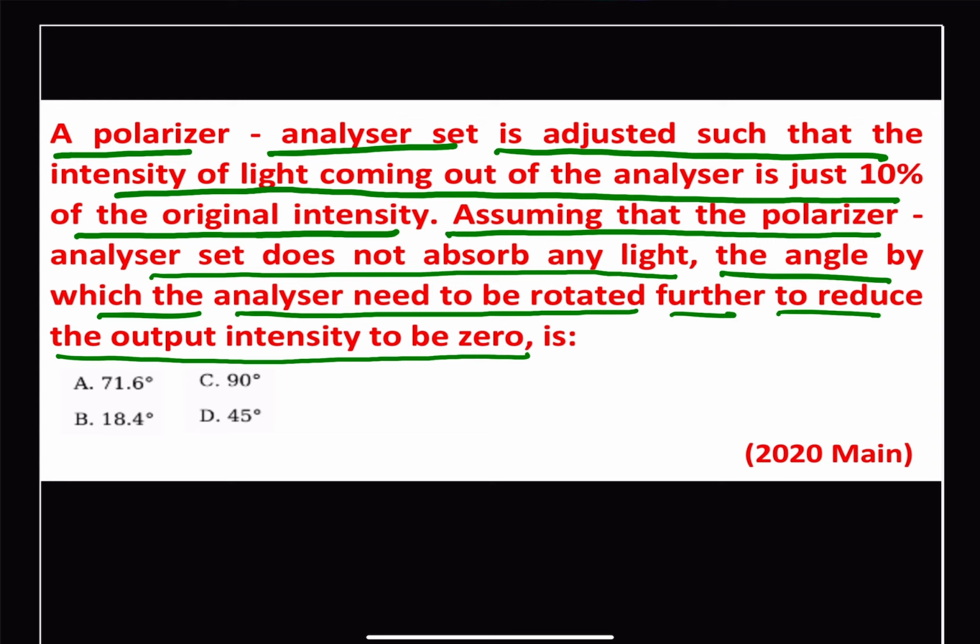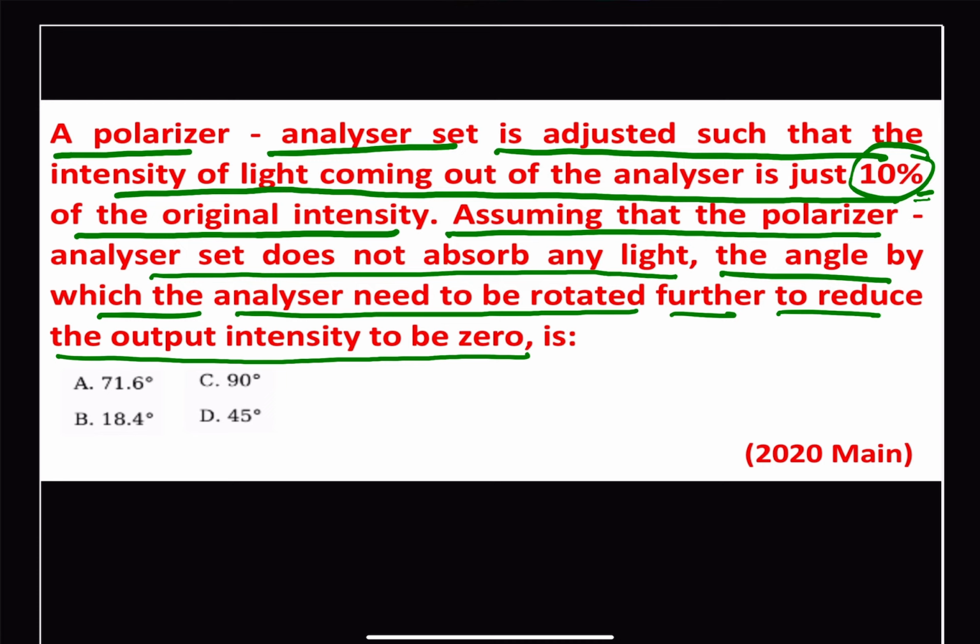In the first part, we are going to consider that the output of the analyzer is only 10% of the original intensity. Original intensity, suppose, is our I0. Okay, so the final output will be 10% of that. Based on that, we can find out the angle theta, the position of the analyzer when the output is only 10% of the original intensity.